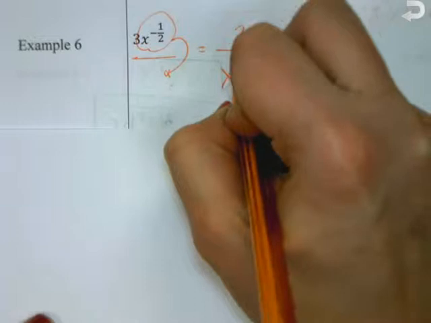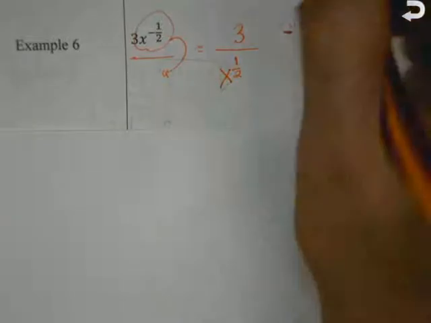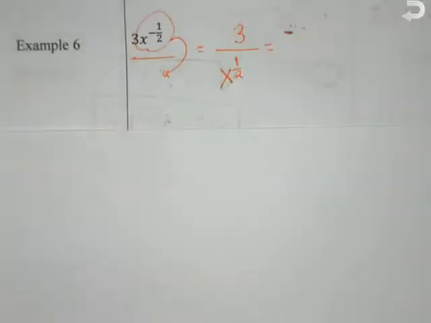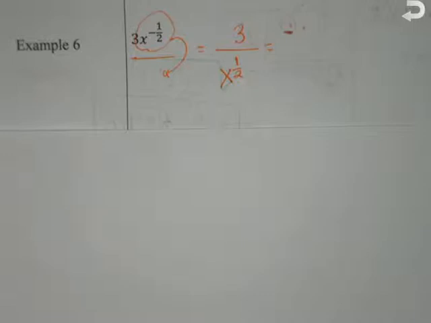What root am I taking when my exponent is 1/2? It's just a square root. So that's 3 over the square root of x.